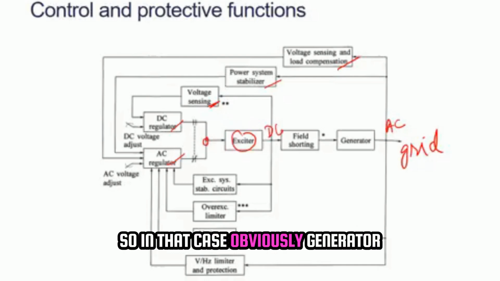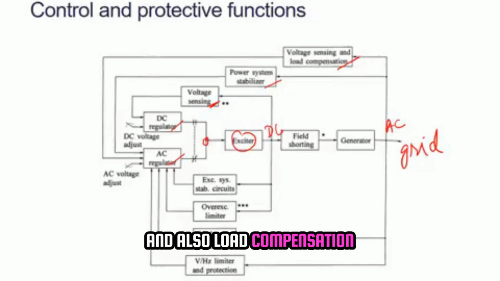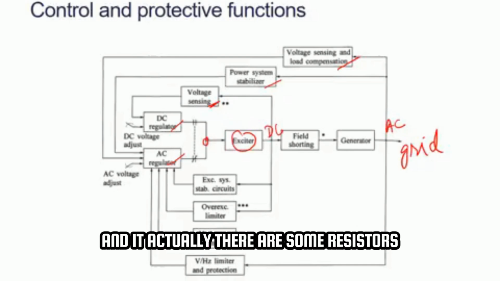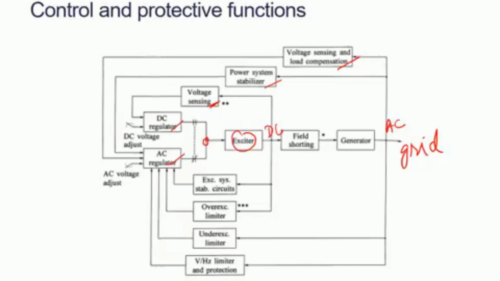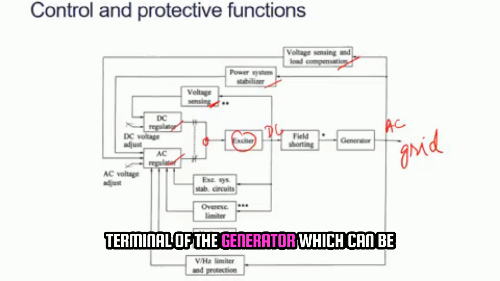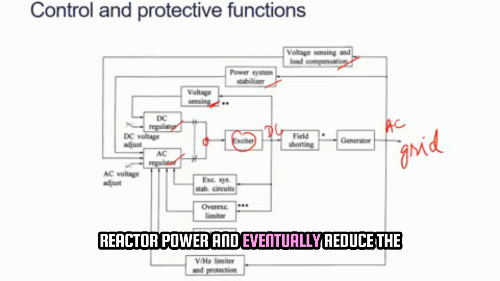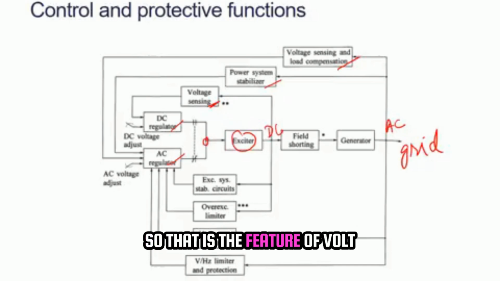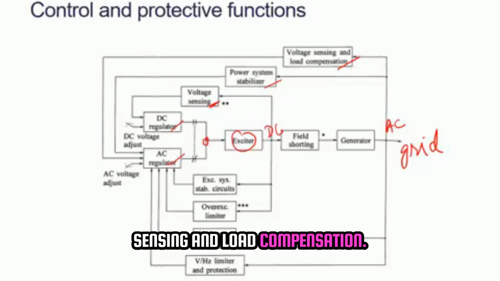In that case the generator may get damaged because of heating. Load compensation mimics the load: there are some resistors and reactors connected to the terminal of the generator, which can be switched on to absorb reactive power and eventually reduce the voltage. So that is the feature of voltage sensing and load compensation.